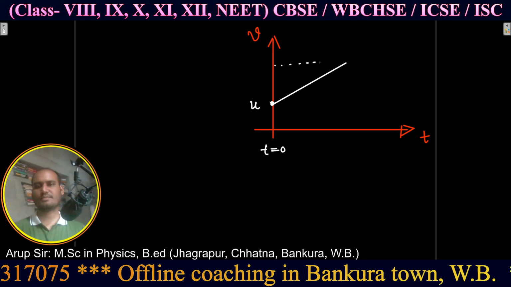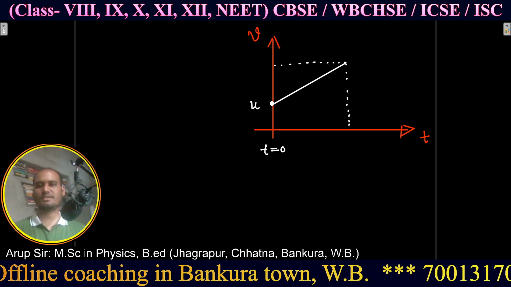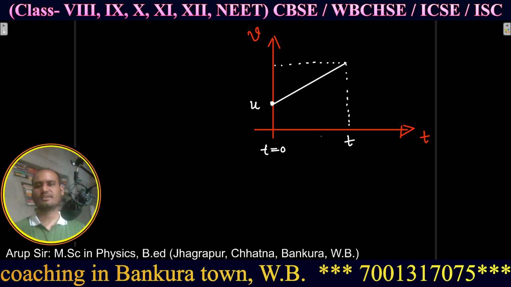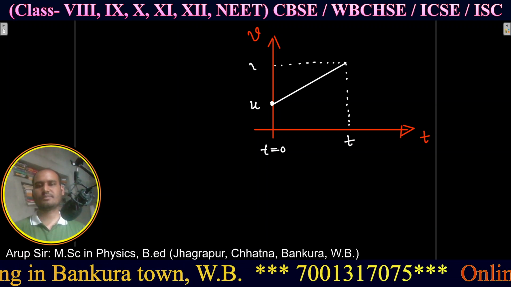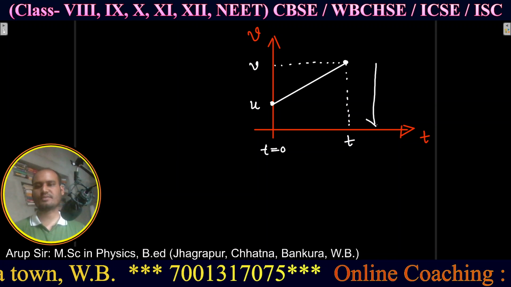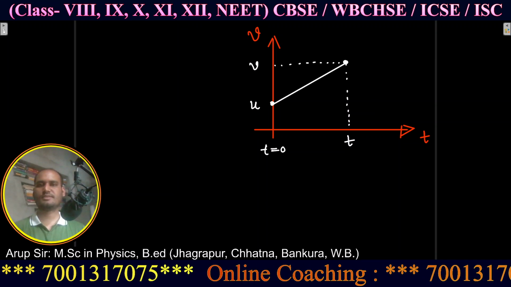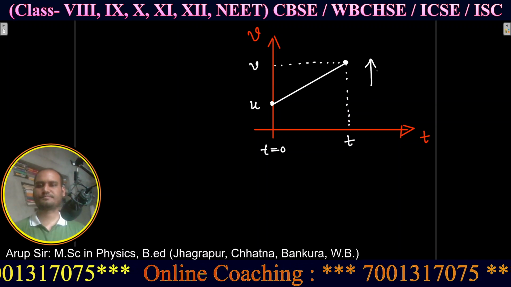And after some time t, its velocity becomes v. So this point is v, the distance from here to here is v.